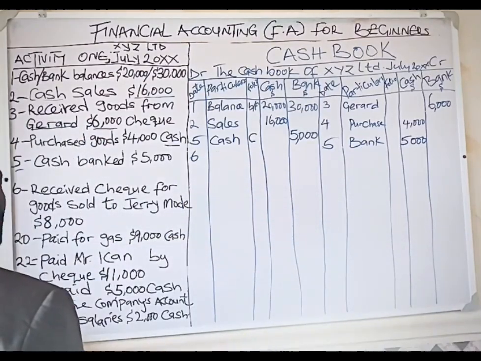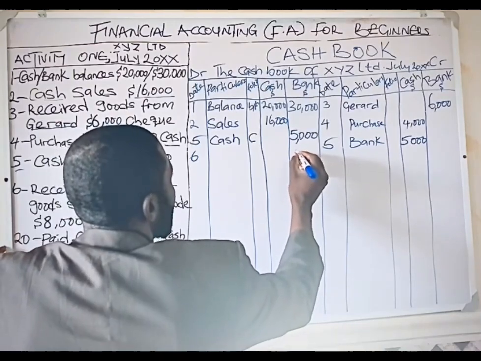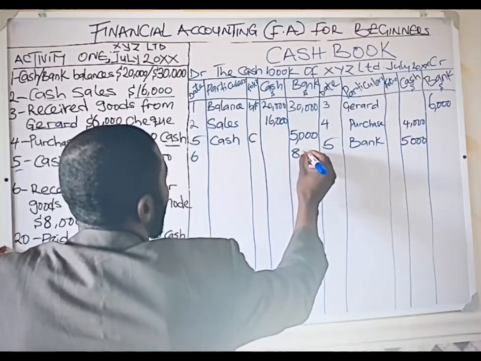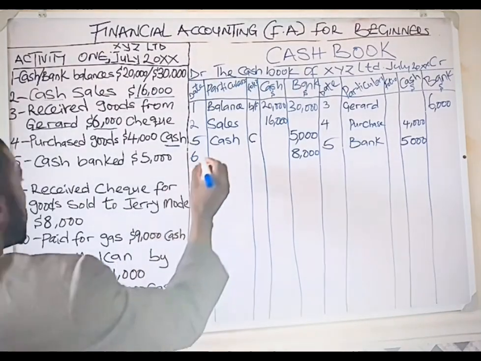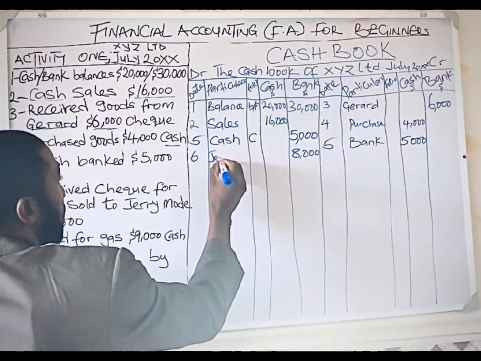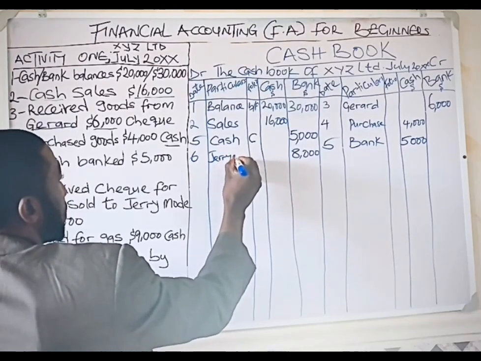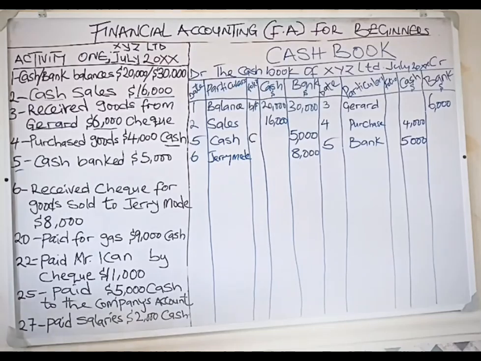We receive check, that is bank column, of $8,000 from Jerry Mod. That is that.